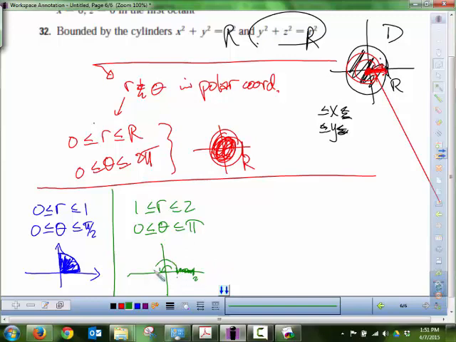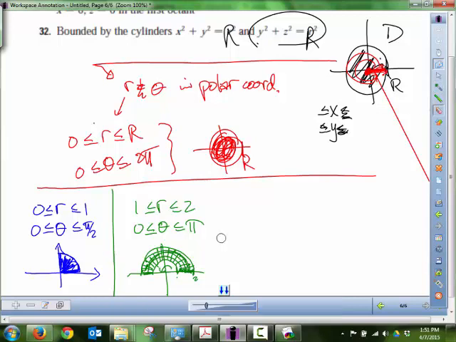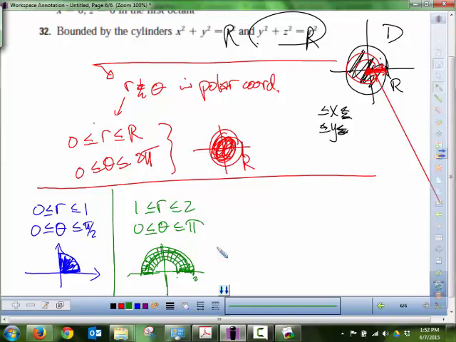So this goes from 0 to pi, this goes from 0 to pi, and so all this stuff in here and not this stuff. So that would be the region I would be describing. Okay?